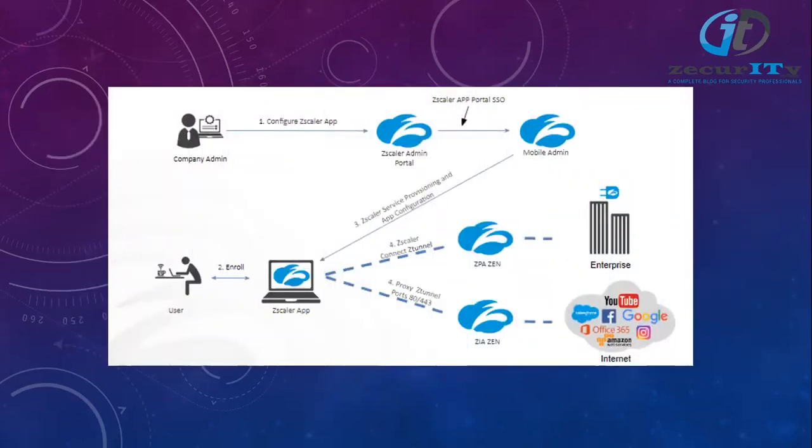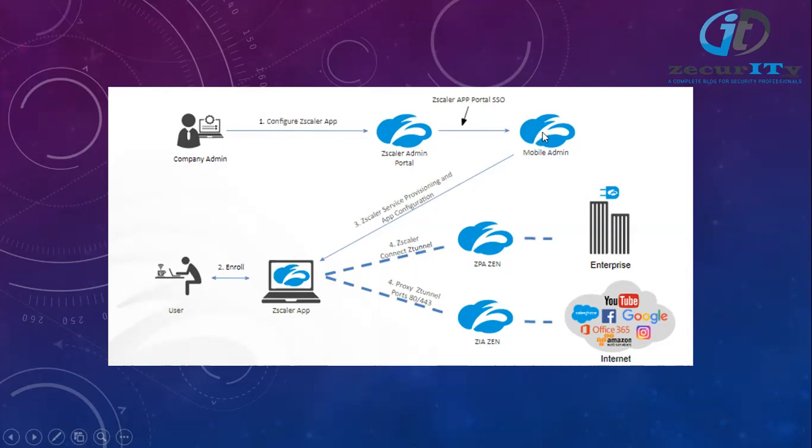When you are using Zscaler App, the flow will be something like this. The administrator will configure the Zscaler App and the authentication methods, which could be ADFS, LDAP, or a hosted DB. That information is fed into the mobile admin portal.